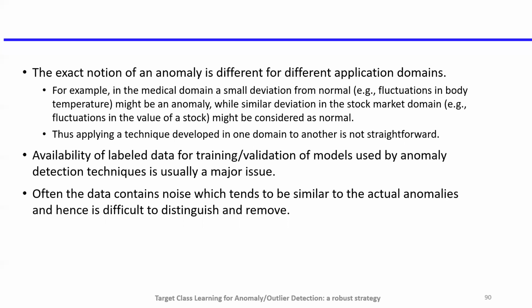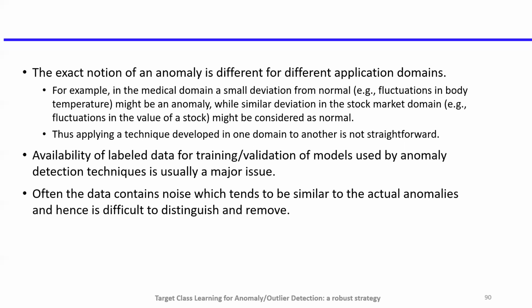For example, a small variation of a health vital parameter may be very crucial in a health monitoring system, but a small variation in the stock market may not be very crucial. So that is challenging. Because of this, it is difficult to develop a universal solution for anomaly detection, because most of the time it becomes domain specific or context dependent.